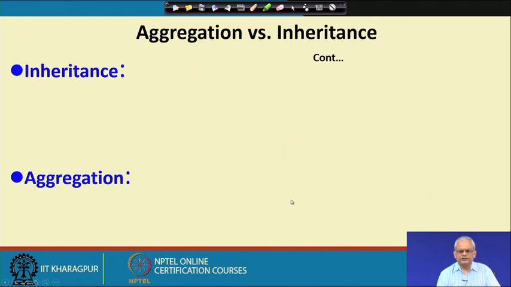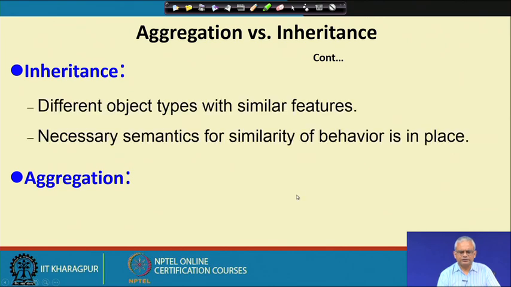How do aggregation and inheritance compare? There are some similarities and dissimilarities. Using the inheritance relationship, we create many objects that have similar features, and the necessary semantics for similarity in behavior is in place, because they all inherit the attributes and operations of the base class.